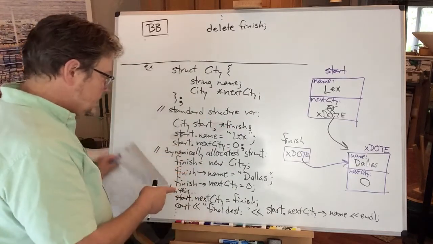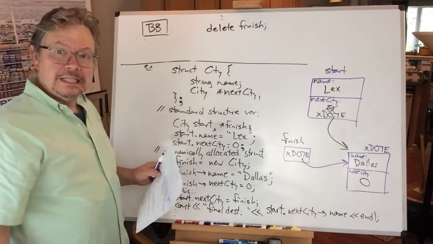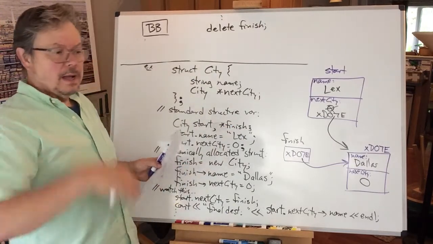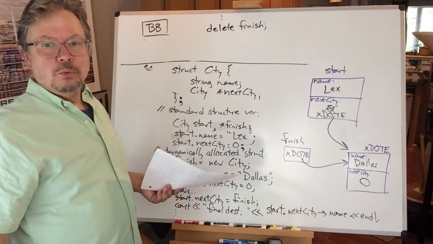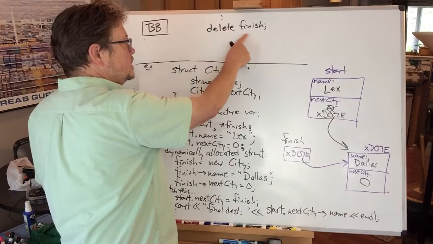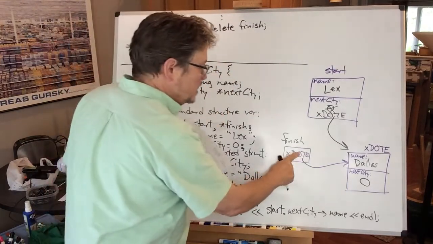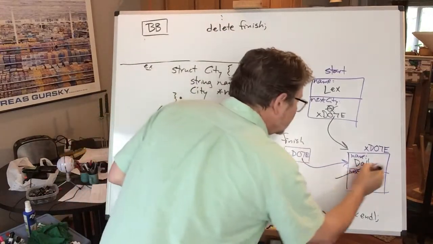I explicitly asked for the city that finish points at, so I explicitly have to give it up. I have to relinquish that storage when I'm done with it. So that's what delete finish does. It says get rid of whatever finish points at. It doesn't get rid of variable finish. I don't X that out. I accept that.